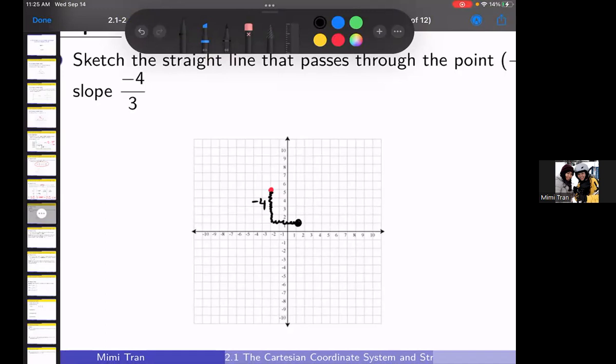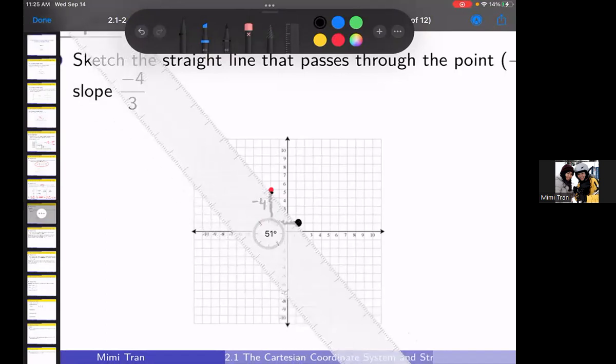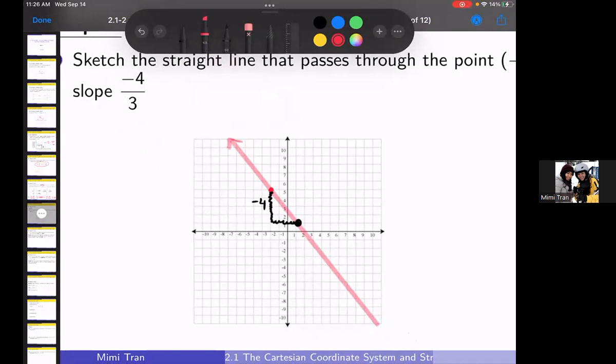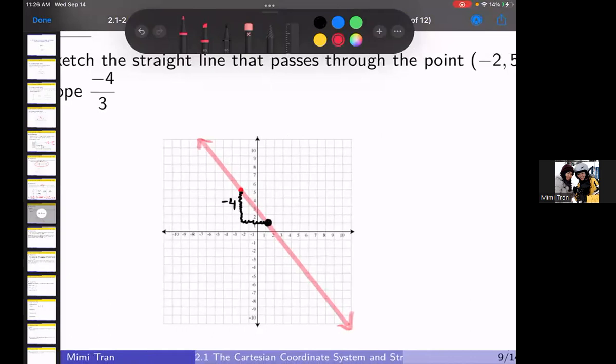Now you connect the two. Oh, (-2, 5). So sorry.